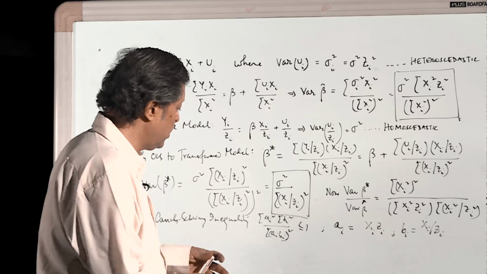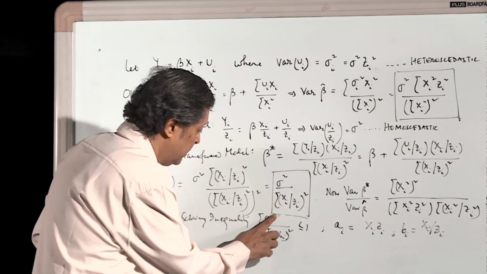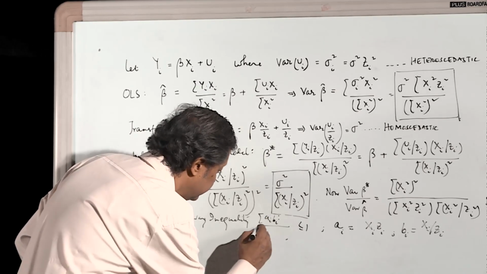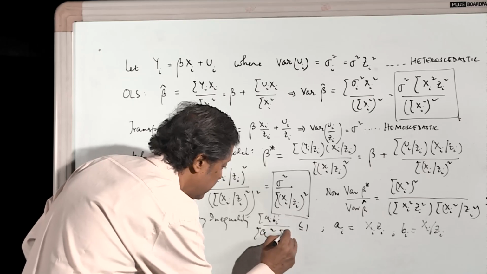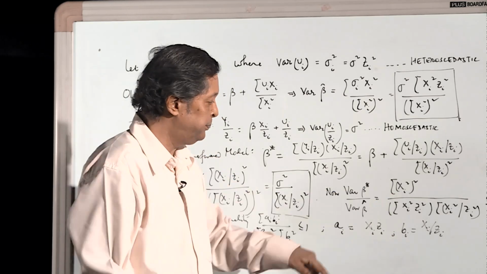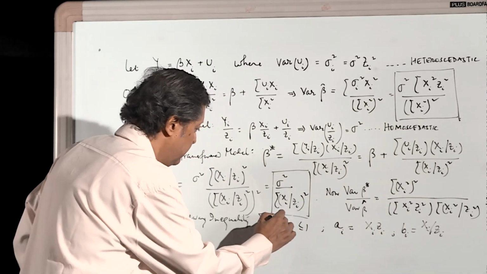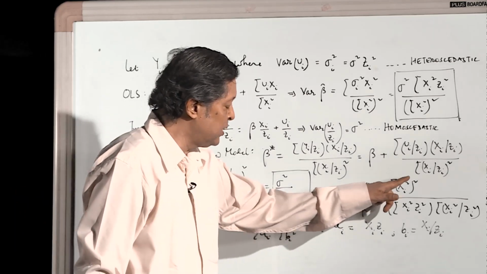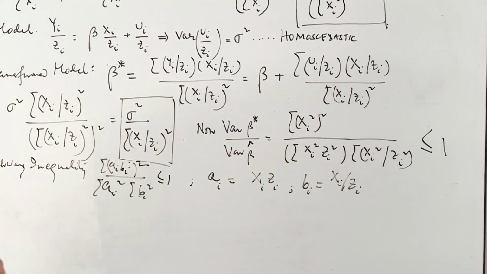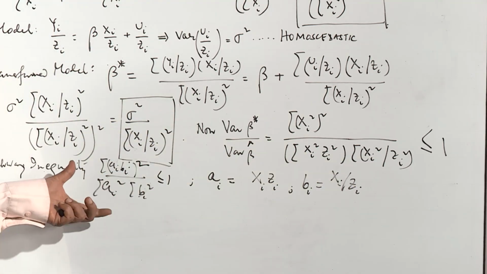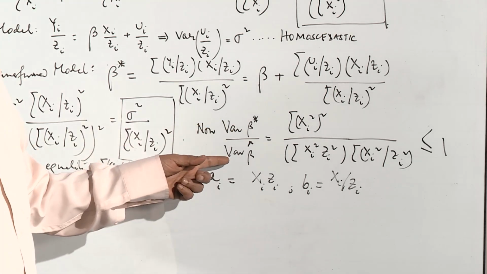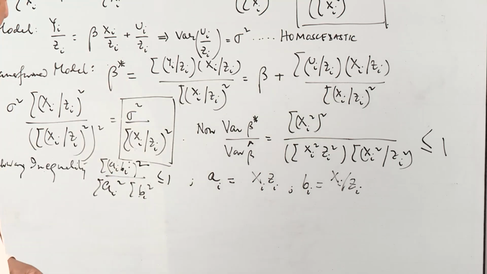Sorry, I am so sorry, this is the summation ai bi whole square divided by summation ai square summation bi square. So, ai bi is xi square in the numerator, ai square is xi square zi square, and bi square is xi square divided by zi square. This comes directly from the Cauchy-Schwarz inequality and that gives us the basic result, that the variance of beta star has to be in general less than the variance of beta hat.